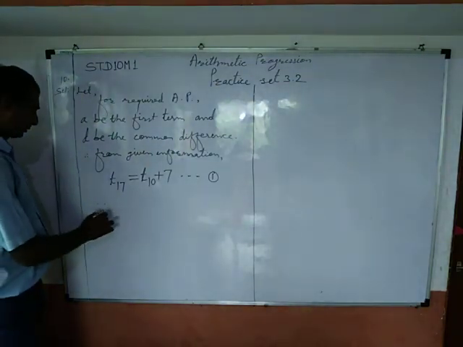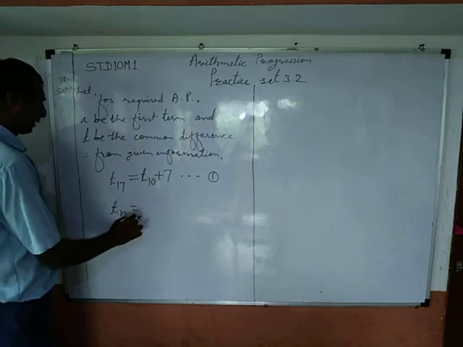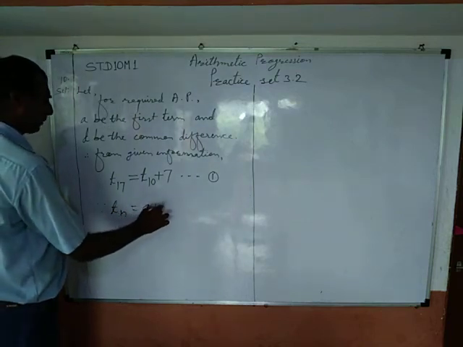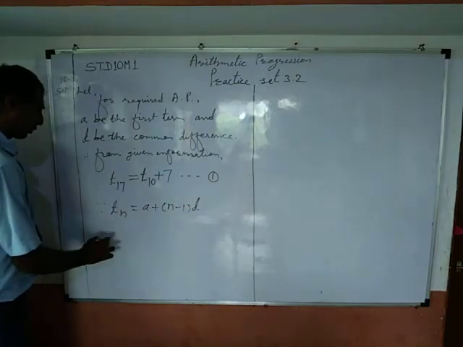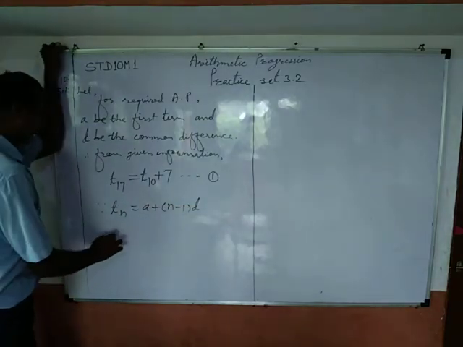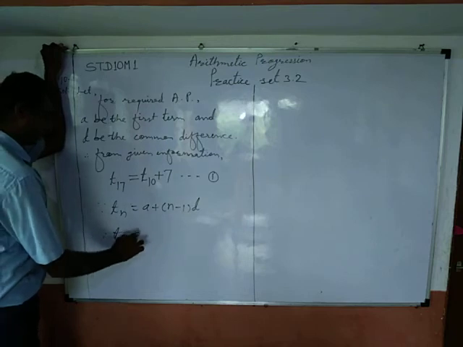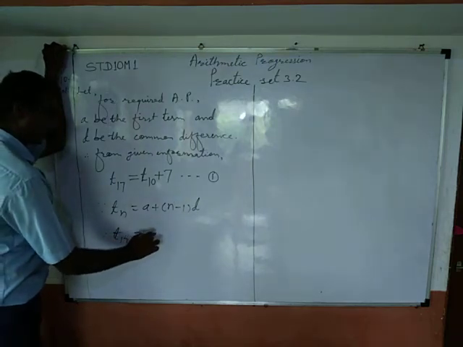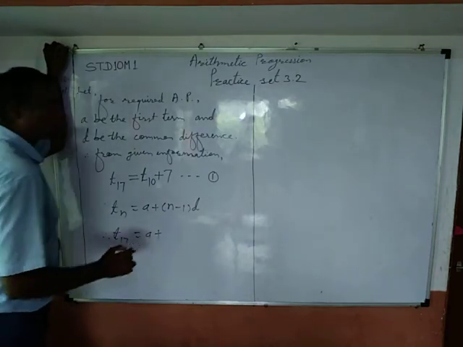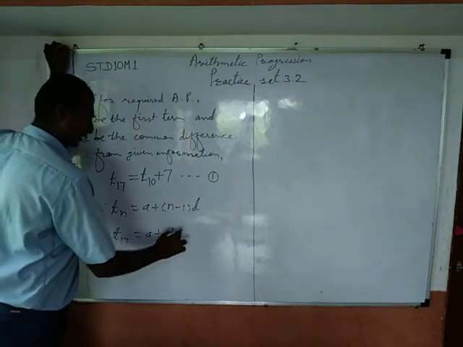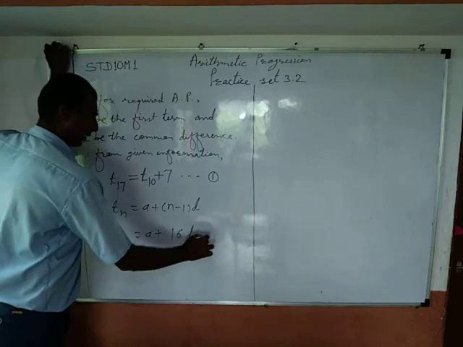Since Tn equals a plus (n minus 1) into d, according to this formula T17 will be equal to a plus (17 minus 1) into d. 17 minus 1 is 16, into d.